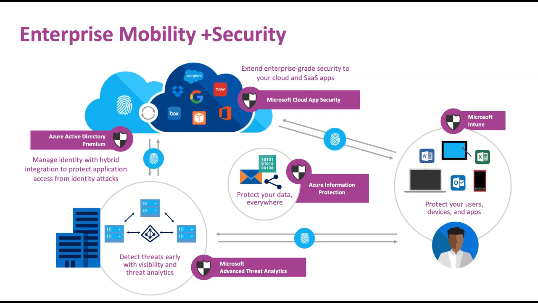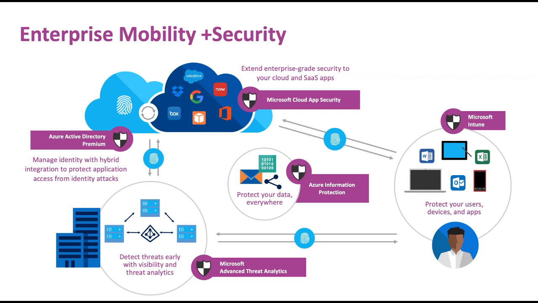E5's main differentiator is the cloud app security and the ability to automatically classify documents within Azure Information Protection. There are other subtle differences, but I'll cover these in a brief while.